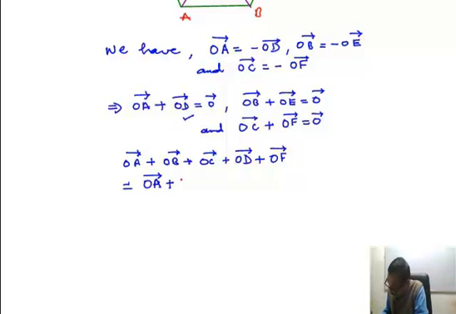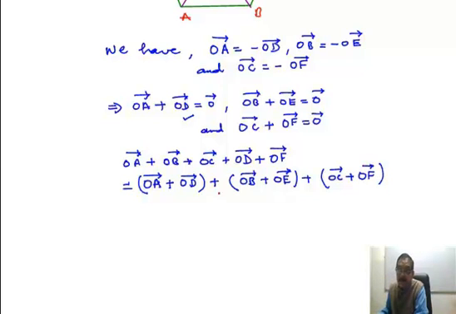So OA vector plus OD vector, plus OB vector paired with OE vector, plus OC vector plus OF vector.